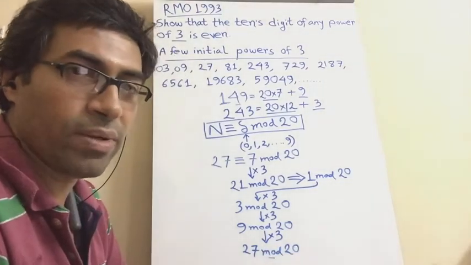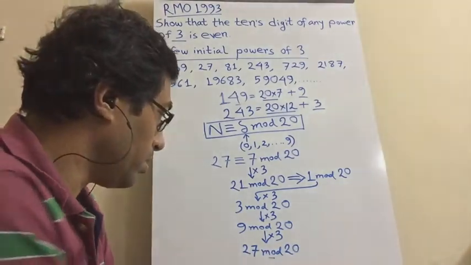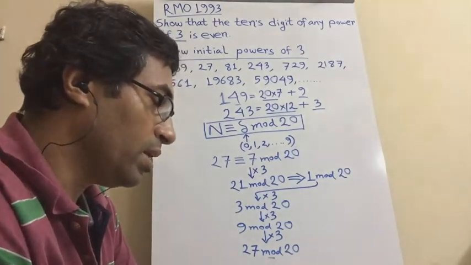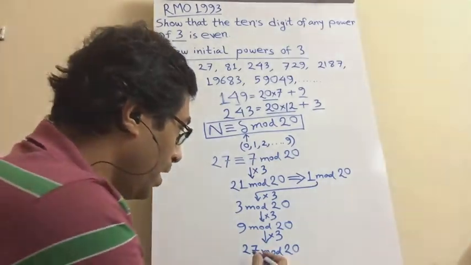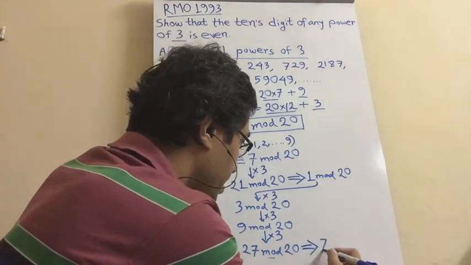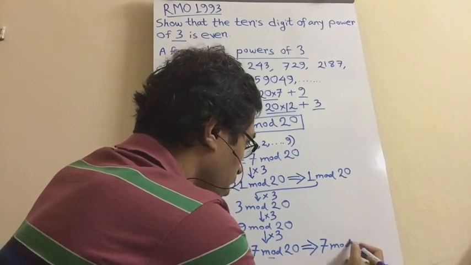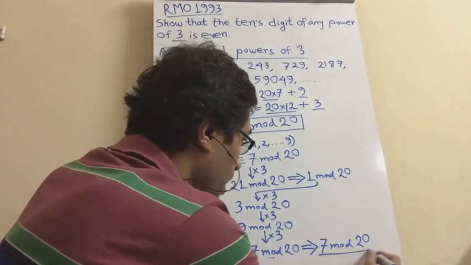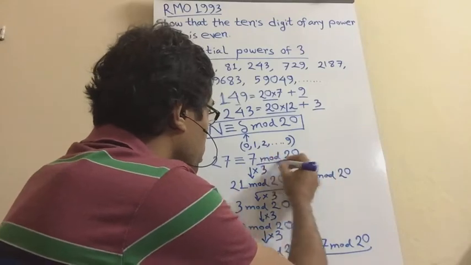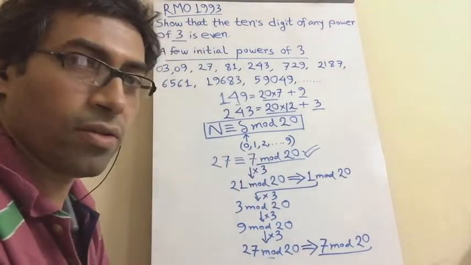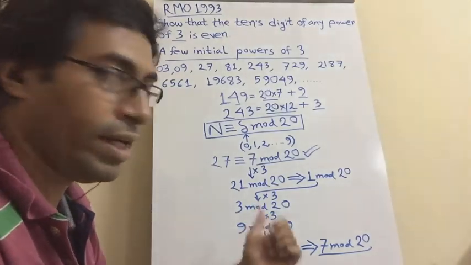But again, 27 mod 20 is absurd, because this number has to be lesser than 20, and 27 mod 20 can be rewritten as 7 mod 20. Now 7 mod 20 is exactly what we started with. So we are back to the very first step of the iteration.